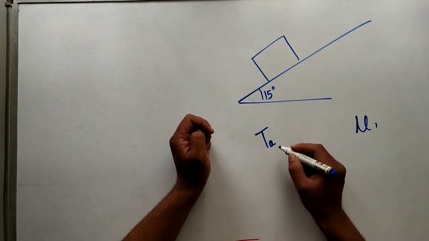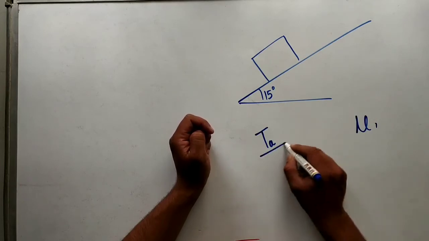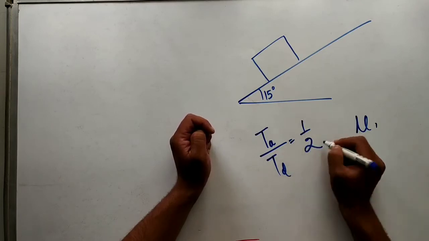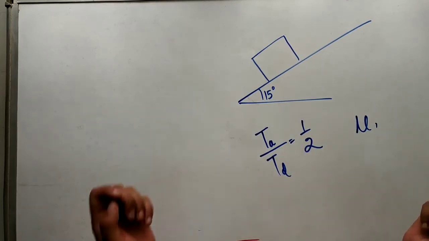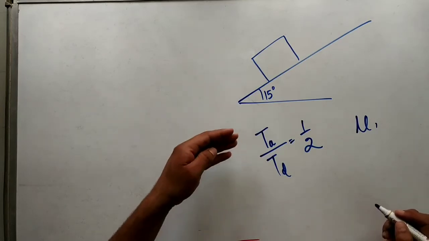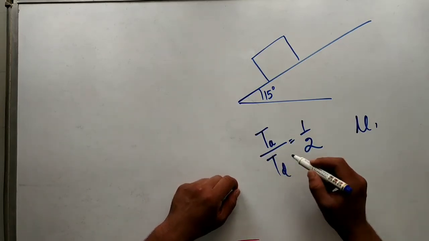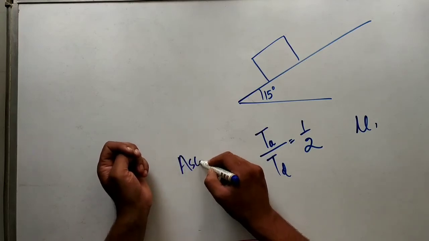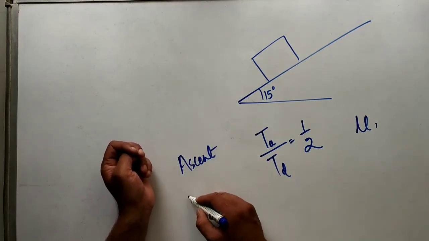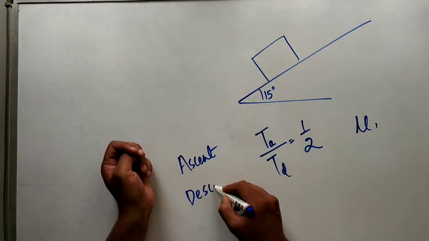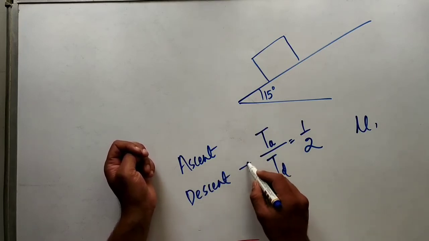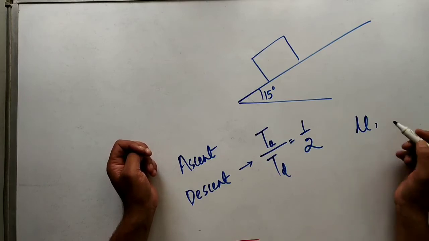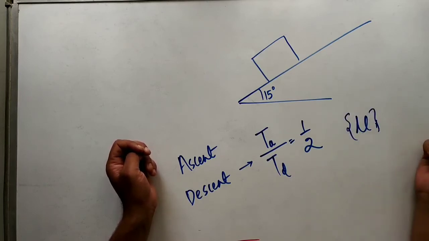The condition that is given to us is that the time of ascent and the time of descent are in the ratio 1:2, or it's said in the question that the time of ascent is 2 times less than the time of descent, which obviously means that TA by TD is equal to 1/2, and we have to find the coefficient of friction.